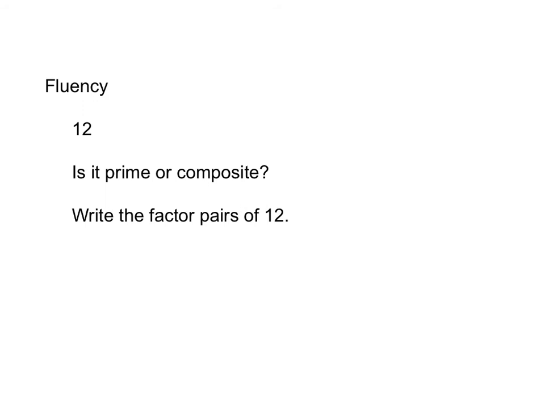All right, let's look at 12. So is 12 prime or composite? We know that 1 and 12 are factors. We also know, because it's an even number, that it for sure has more factors. So it is not prime. It is going to be composite, meaning there are more than the 2 factors. So we know 1 and 12.